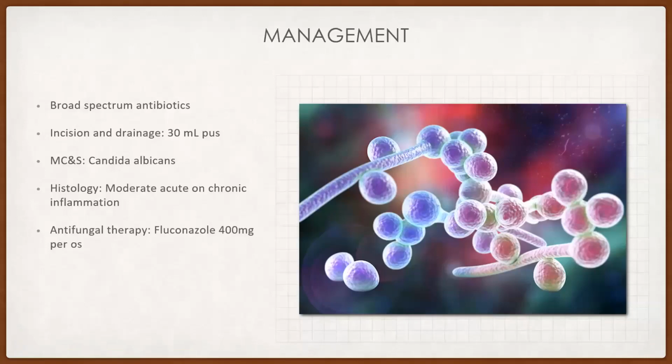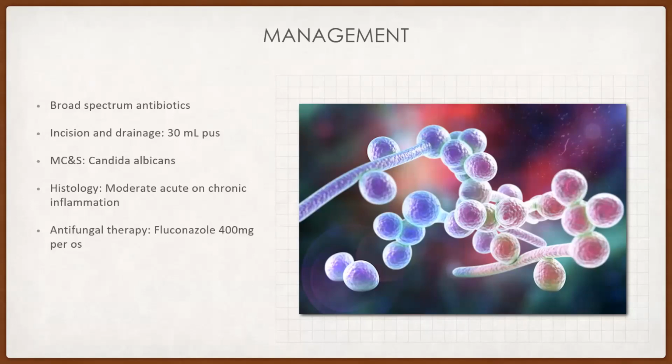A bacterial suppurative parotid abscess was suspected and empiric broad-spectrum antibiotics were initiated. She had an urgent incision and drainage under general anesthesia, where 30 mL of pus were drained from the collection, involving both the superficial and deep lobes of the parotid gland.